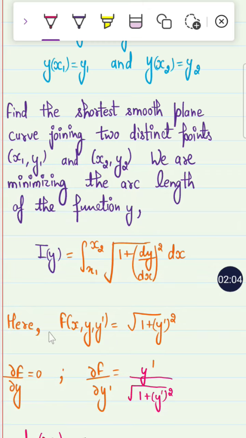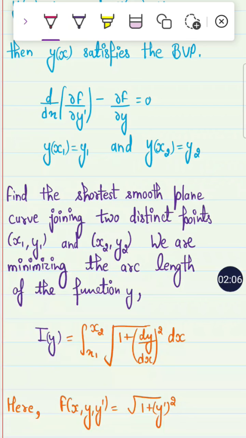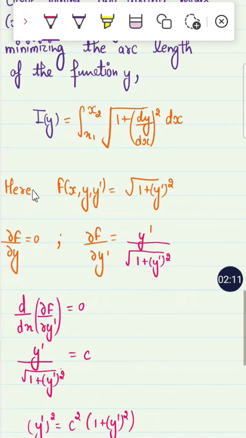Now we apply this formula, so firstly we find del f upon del y, which is equal to 0 because y does not appear in the function, and del f upon del y dash is equal to y dash upon under root 1 plus y dash square. Taking the derivative with respect to x, this gives y dash upon under root 1 plus y dash whole square equal to c.